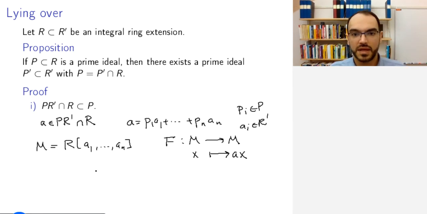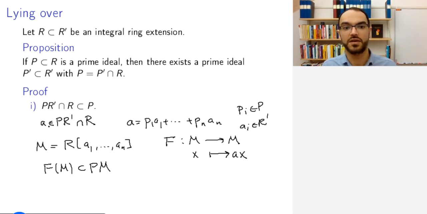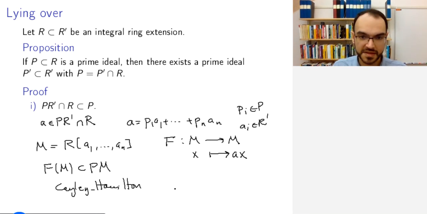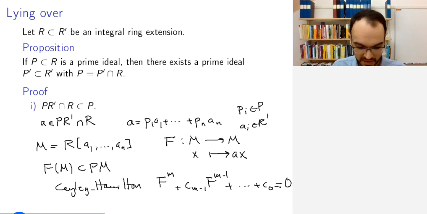And now we know that because A lies in this thing, f of M will be inside PM because of this property of A. And so we can use the stronger version of the Cayley-Hamilton theorem that will tell us that we will have such a monic polynomial, f to the power m plus c_{m-1} f^{m-1}, and so on, plus c_0 equals 0.